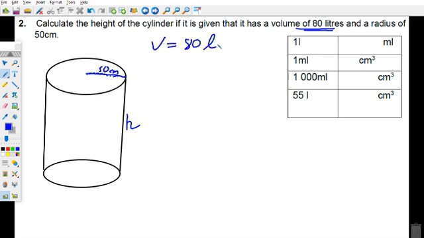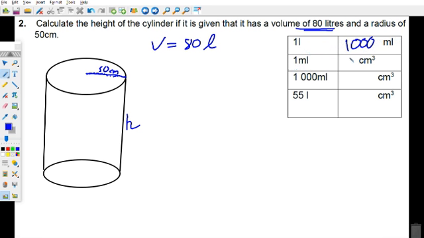Now remember, have a look at our conversions. 1 liter is how many milliliters? Going from liters to milliliters, what do we have to do to get from base to milli? Times by 1,000. So 1 times 1,000 is 1,000. 1 milliliter is equal to how many centimeters cubed?